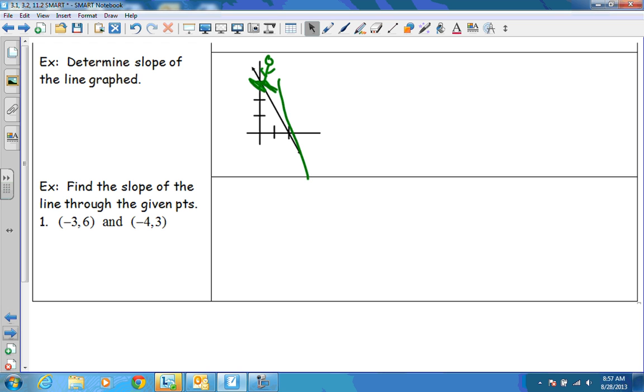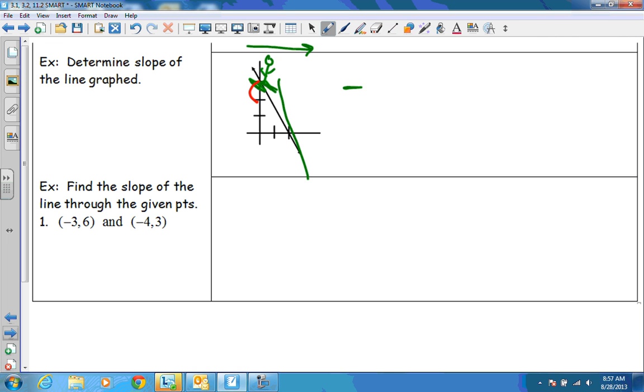You're going to go down. You're always going left to right. So this slope has to be a negative slope. We know that. So now we can just use the rise over run.